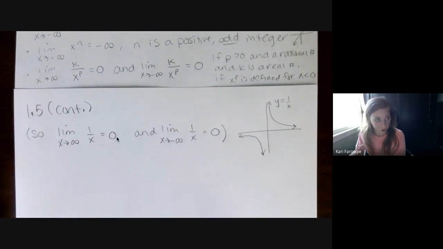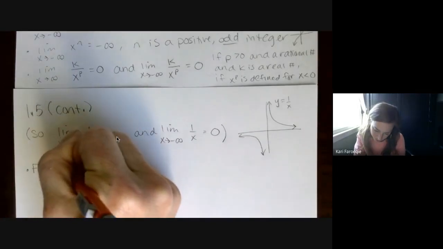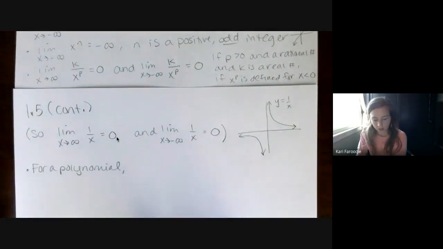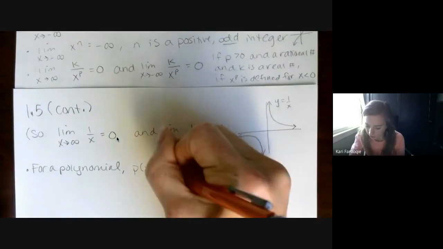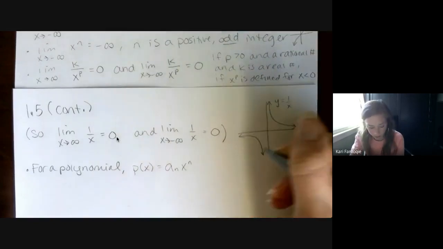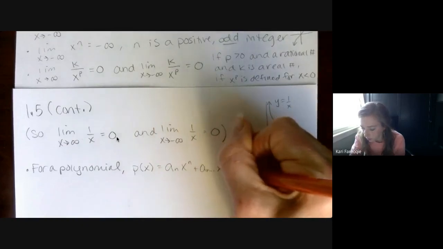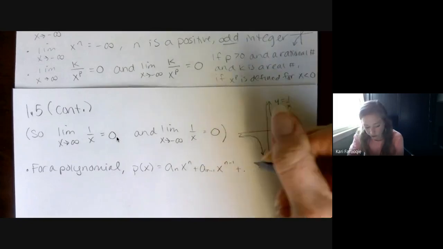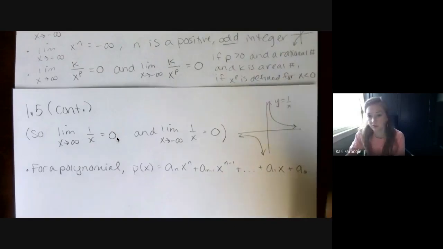I also want to say something about polynomials. Now, I'll give you the formal definition for the polynomial here. Your book gives it, and it's helpful to see every once in a while. So a polynomial is a function that can be written in this form, a sub n times x to the n plus a sub n minus 1 times x to the n minus 1, and so on and so forth until you get all the way down to your linear term and your constant term.